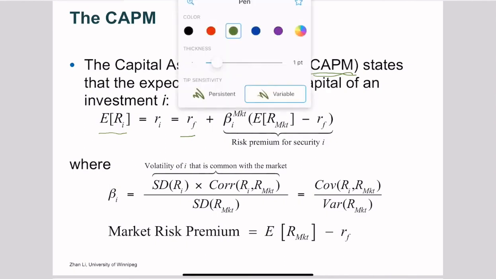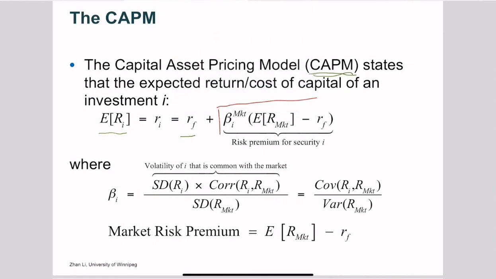This whole part is called the risk premium for security I. Why is this a risk premium? Because it's the additional return you can get above the risk-free rate. So risk-free rate plus the risk premium gives you the expected return.